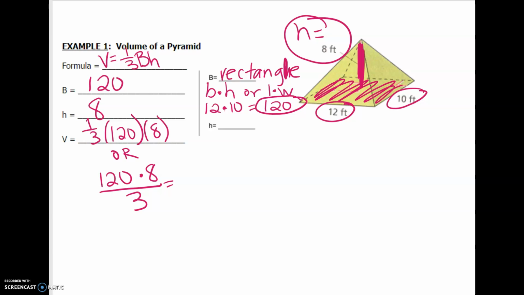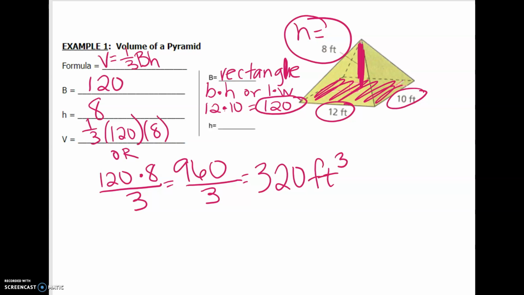And 120 times 8 is 960. And then if we divide that by 3, we get our final total volume of 320 feet cubed, since we're working with a 3-dimensional figure. So the answer to that one is 320 feet cubed.